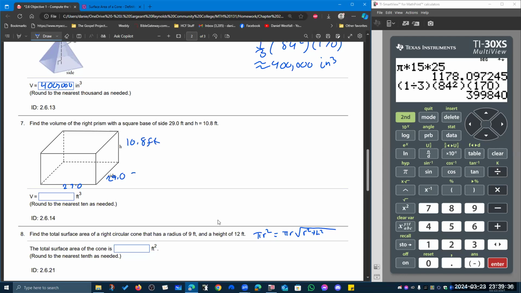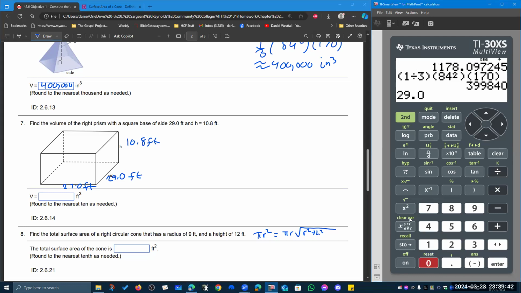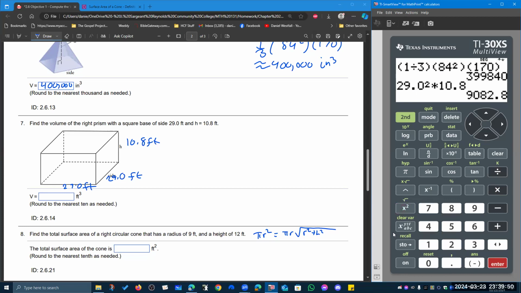These are all in feet. It's going to be 29.0 squared times 10.8, which gives me a volume to the nearest 10 of 9080.